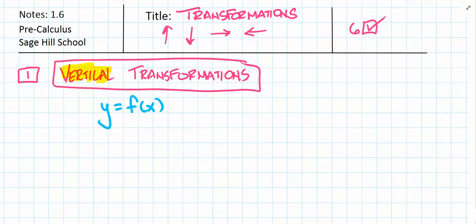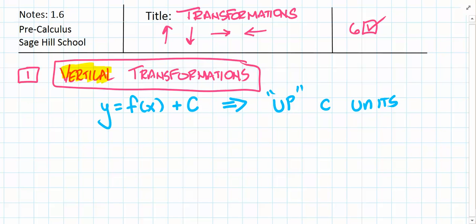So if I give you any function from that list of 12 that I just gave you, y equals f of x, and if we add on a constant, like the number c, then that is going to imply, and of course the double arrow means implies, that you're going to go up however many c units is. Okay, so any function f of x plus c means you go up c units.